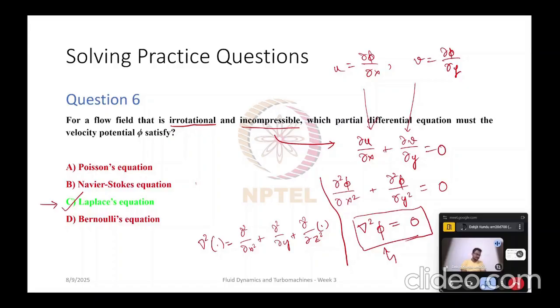So this is another advantage of defining the velocity potential phi in cases where it can be defined, and then analyzing the fluid flow using it.